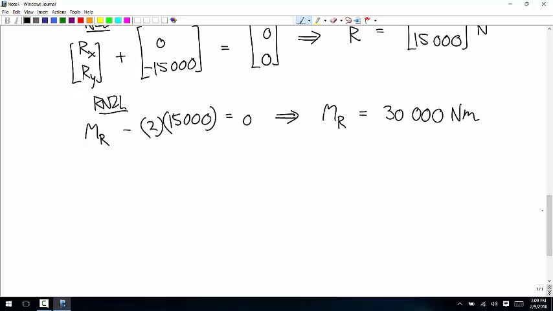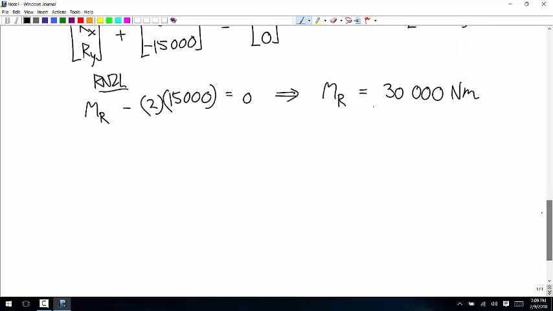Okay, so we need to know the centroids of a few shapes. Here's a list of the, I guess, just the 3 centroid shapes that we're going to use. So centroids of common shapes.